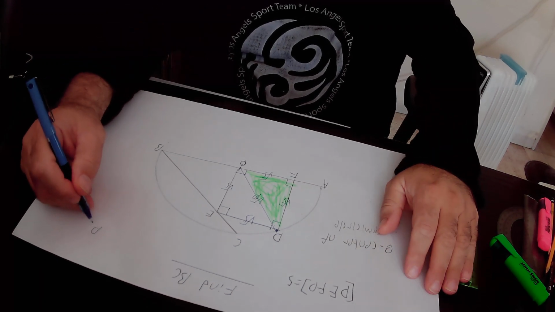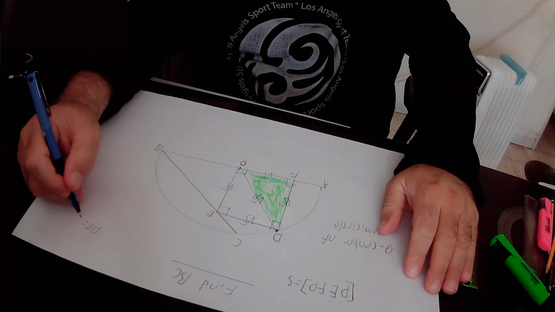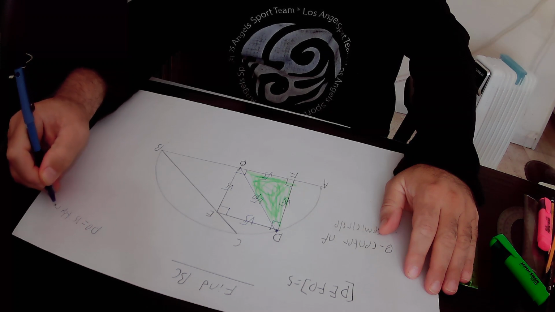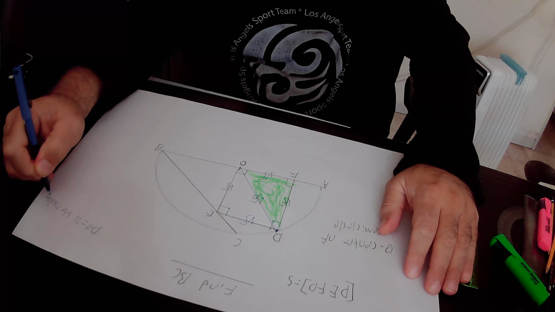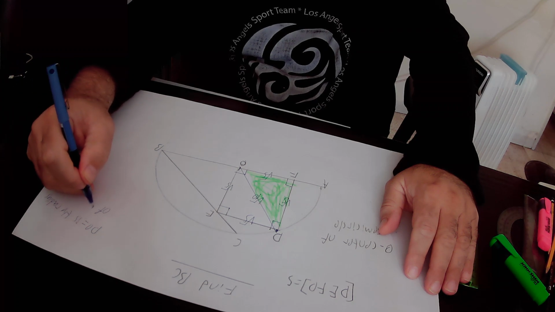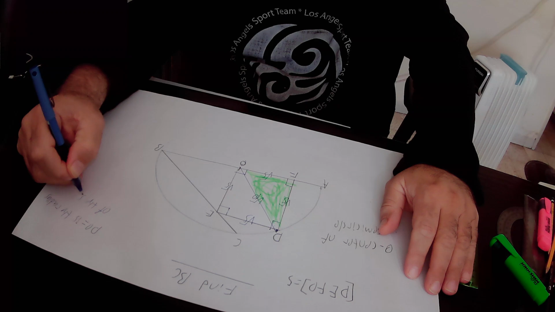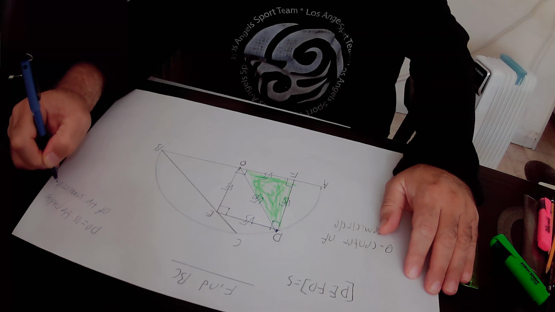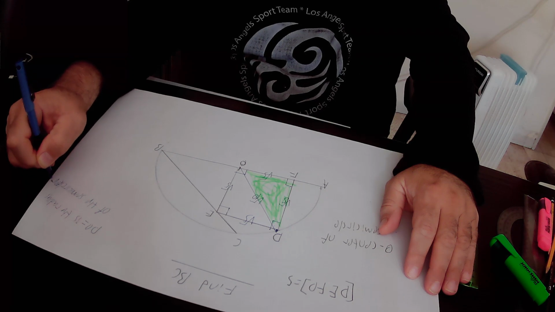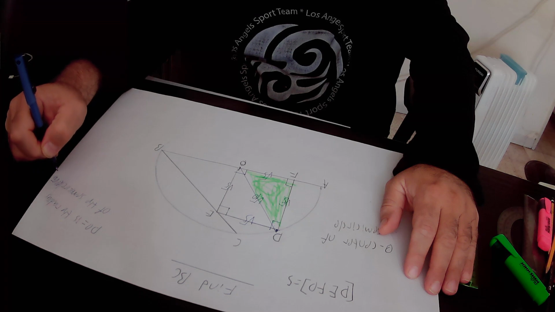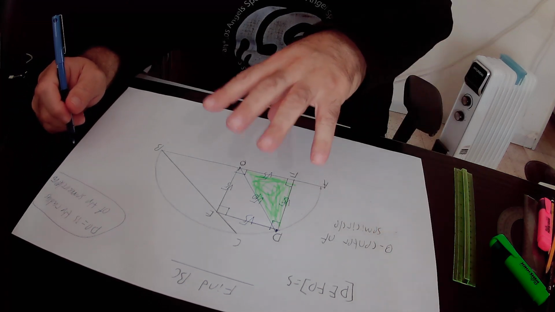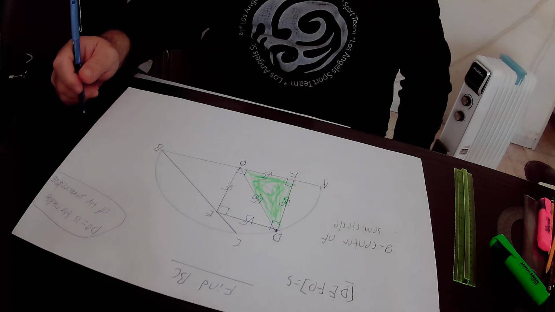So we can write down that DO is the radius of the semicircle that is equal to the square root of 10 units.